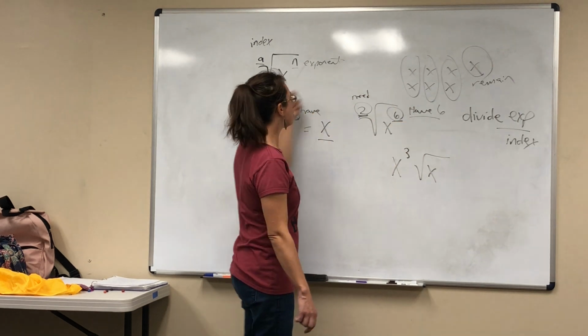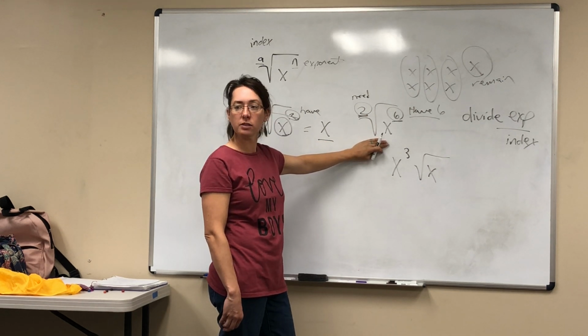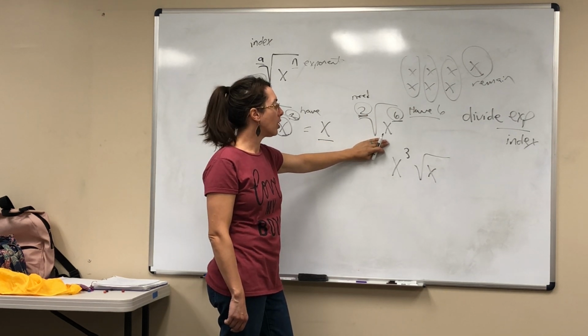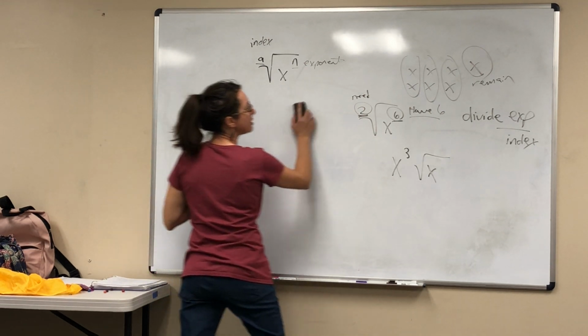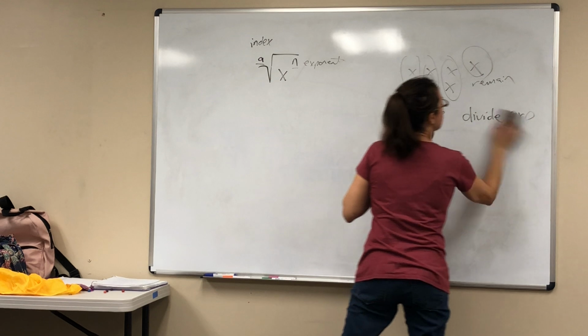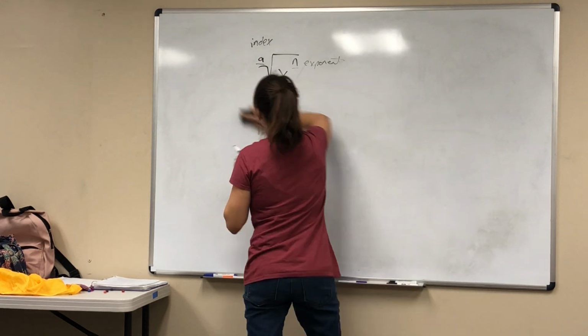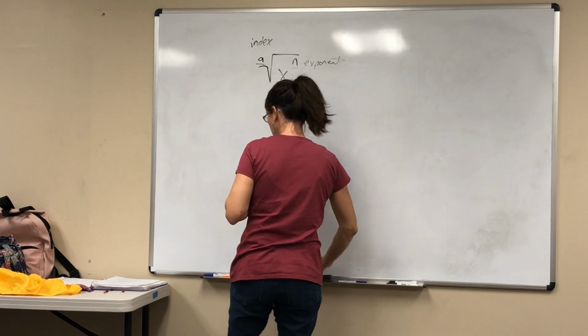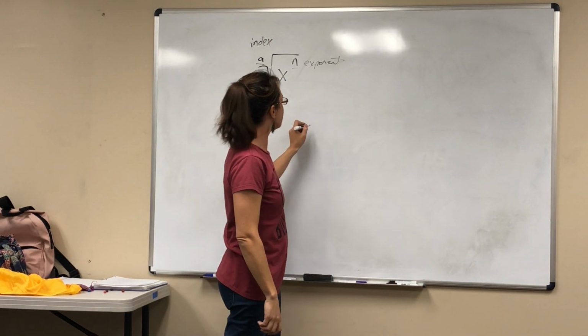These are shortcut ways of thinking as we get into faster ways to work through our roots. Let's use that same concept and work through a couple of different ones. We need to know this because we're going to move on to rationalizing and adding stuff to it.